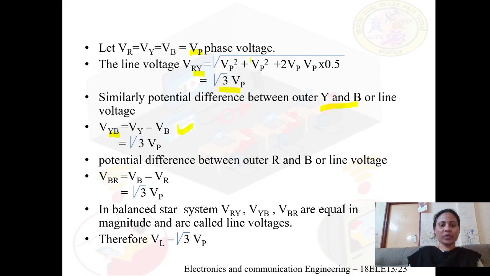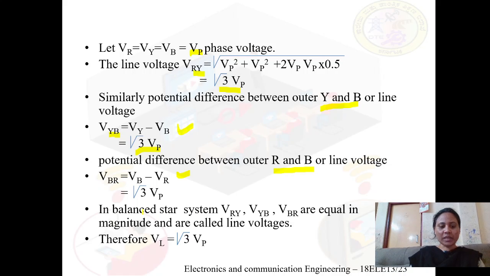Here we can apply the same rules and we will get the expression for VYB as root 3 times Vp. Similarly, when we consider the two phases R and B, the line voltage VBR can be written as VB minus VR, which is equal to root 3 times Vp.